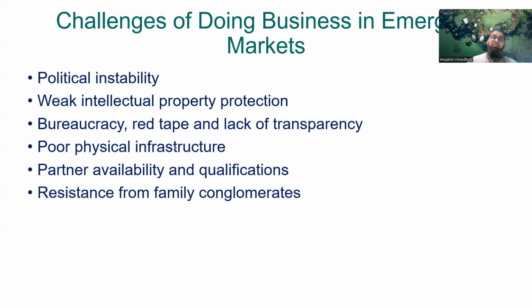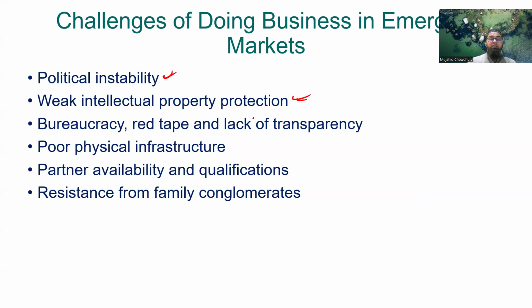So, what are the challenges of doing business in emerging markets? One is political instability. It should be checked whether the countries are unstable or not. Then weak intellectual property protection. As I told you earlier, for research-based companies, it's very difficult to enter the emerging market because if they don't maintain proper intellectual property rights, the companies will not enter. Then bureaucracy, red tape, and lack of transparency.